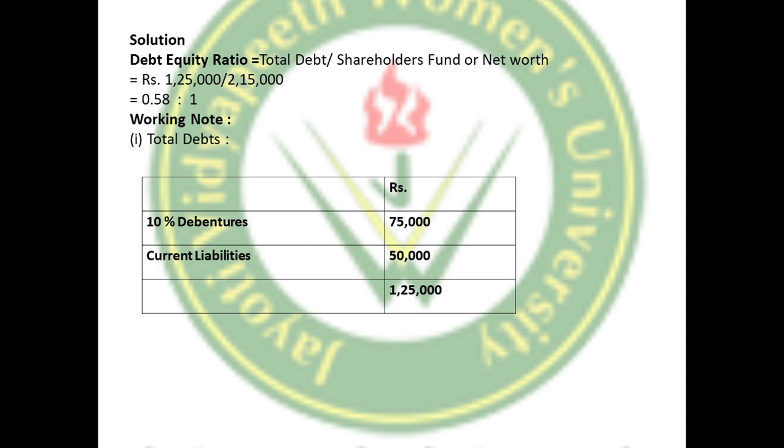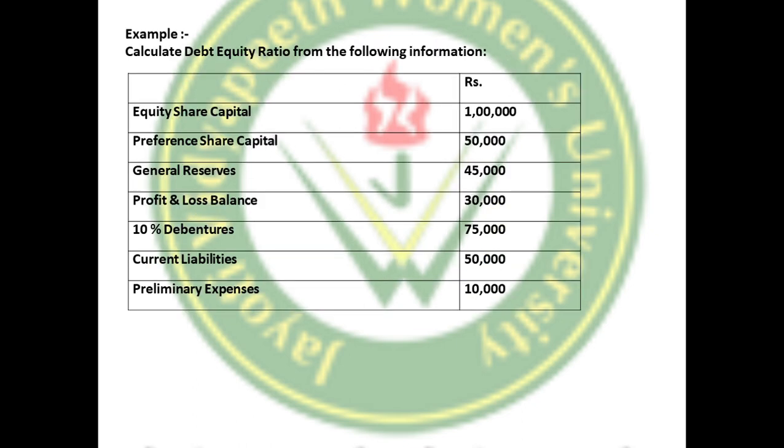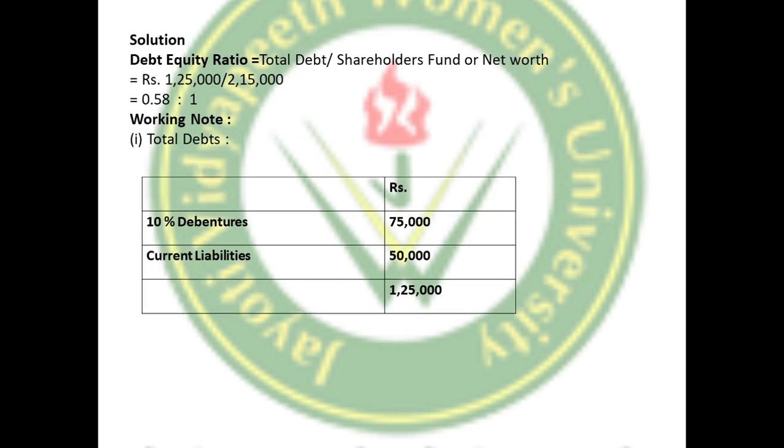Debentures are of 75,000 and current liabilities are of 50,000. In the question, no other liabilities are given here which can be included in this. So the total debt of the organization is 1,25,000.